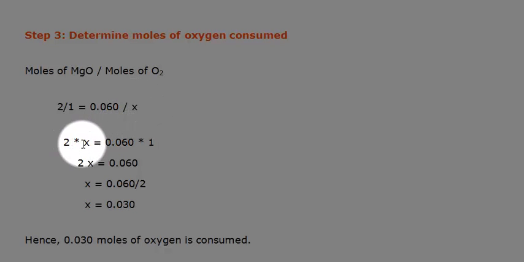So 2 times X equals 0.060 times 1. 2x equals 0.060. X equals 0.060 divided by 2. Therefore, x equals 0.030. Hence, 0.030 moles of oxygen are consumed.